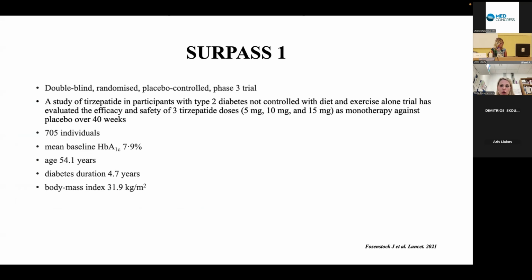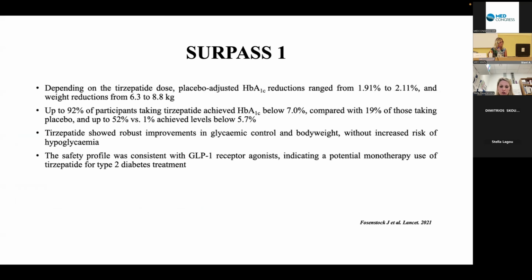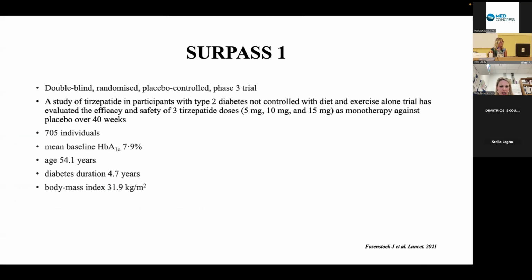The goal was to evaluate the efficacy and safety of 3 tirzepatide doses, 5 milligram, 10 milligram, and 15 milligram, as monotherapy against placebo over 40 weeks. 705 individuals participated in this trial with mean baseline HbA1c 7 to 9.5%. The mean age was 54 years, and they had a diabetes duration of approximately 5 years. The body mass index was 32.